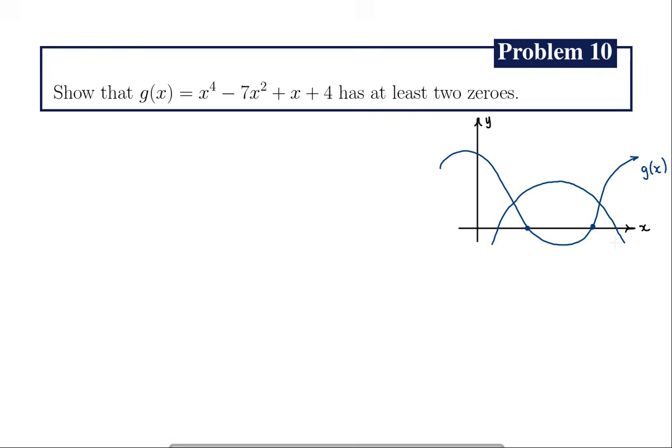So, in other words, there should be at least two change of signs. Okay? So, ngayon, kung gusto natin ng at least two zeros, this problem translates to finding two intervals. So, this first interval and second interval, so that your G has a zero in each of those intervals.